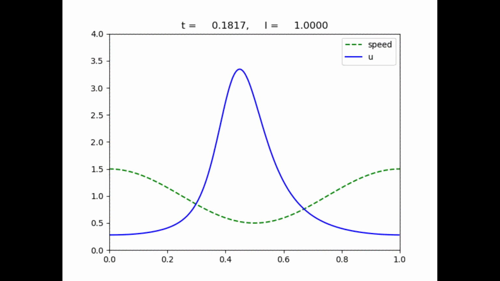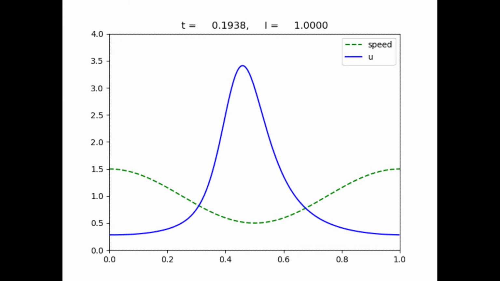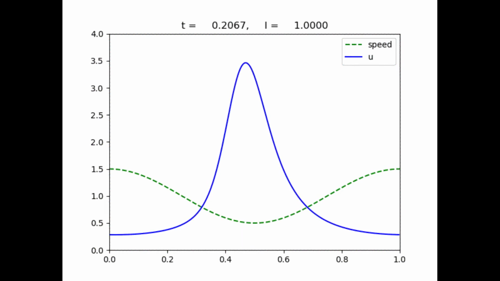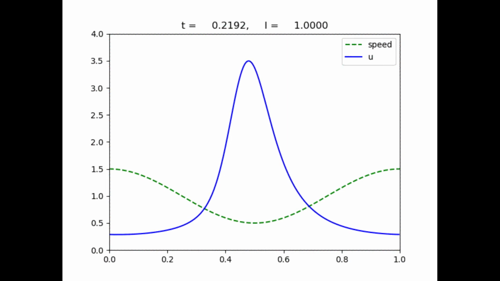As the traffic, so to speak, moves into the middle of the interval, we enter a low speed zone. Correspondingly, a bulge evolves and proceeds with low velocity.